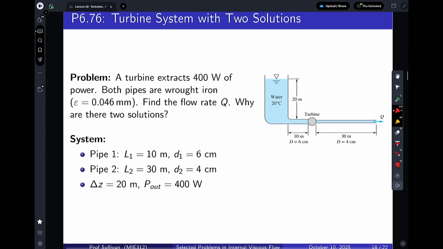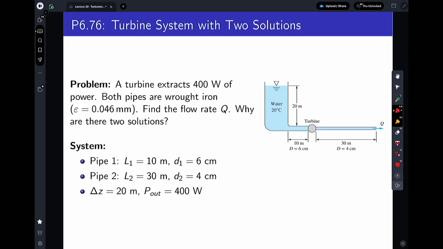Okay, this is the one that messes everything up. This is kind of interesting to start with. I have two pipes. Pipe 1 has a length of 10 meters and a diameter of 6 centimeters. Pipe 2 has a length of 30 meters and a diameter of 4 meters.